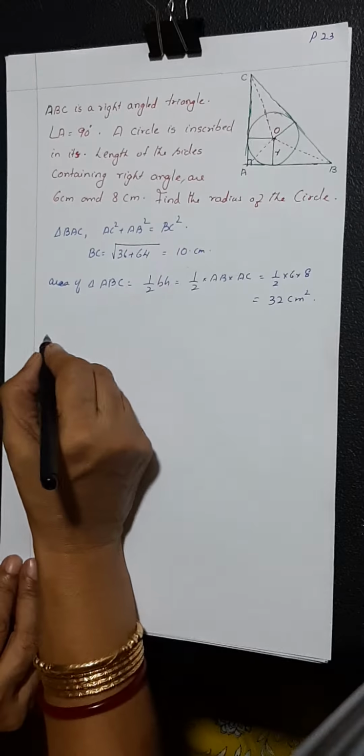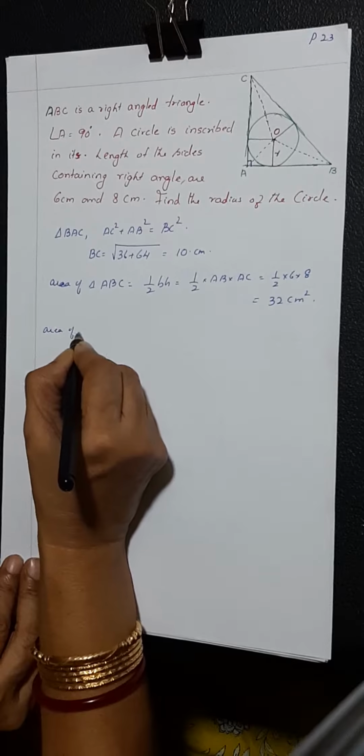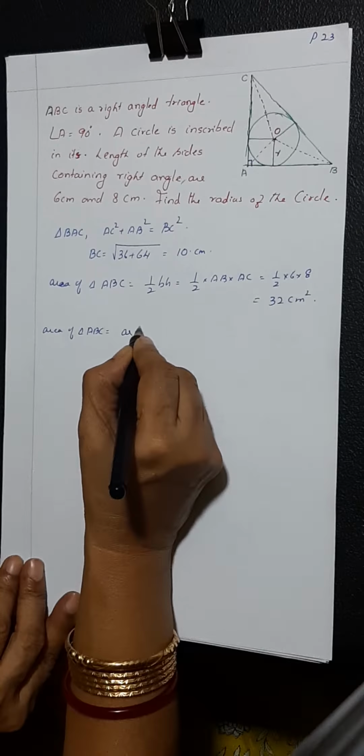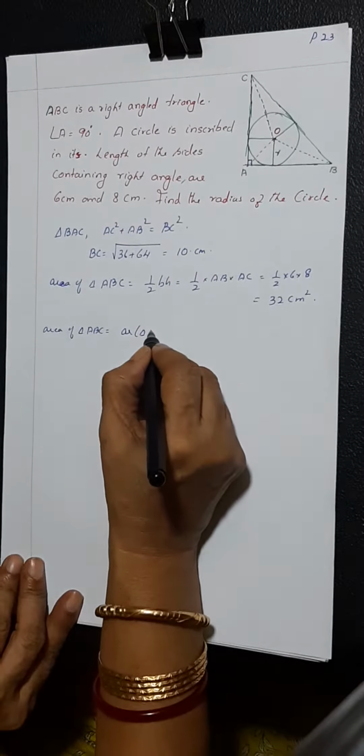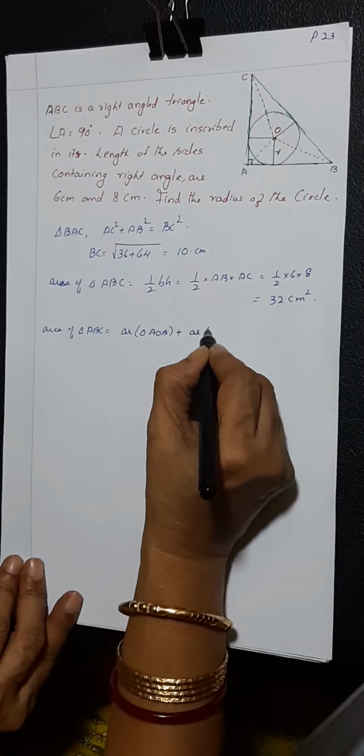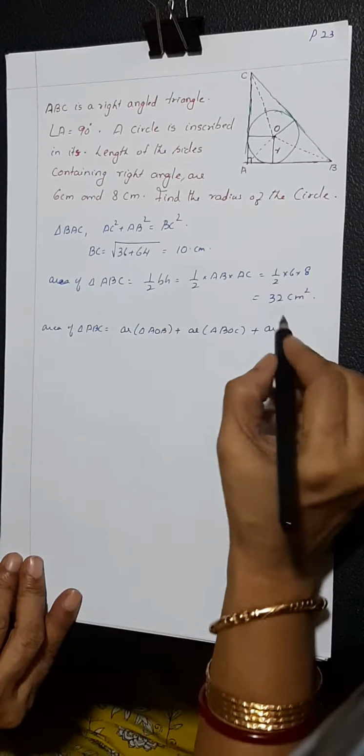Then we will also find the area of triangle ABC is equal to area of triangle AOB plus area of triangle BOC plus area of triangle AOC.